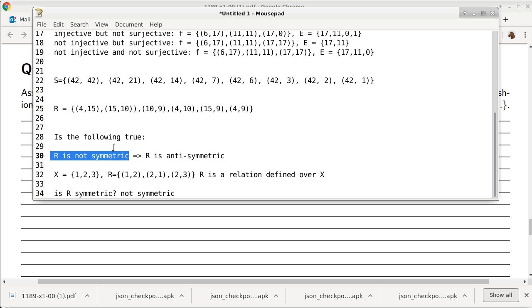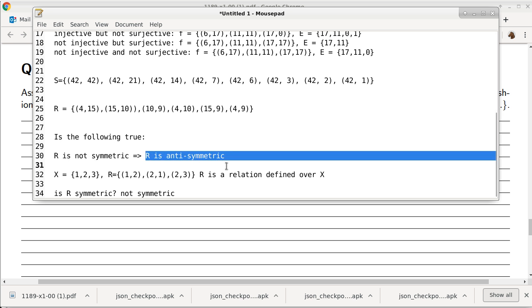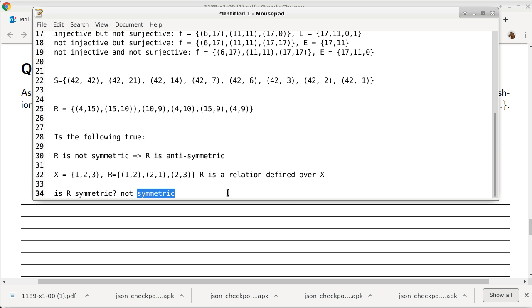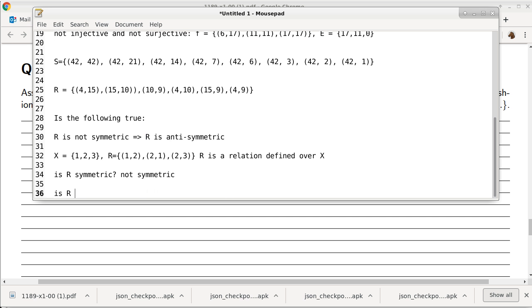So if the left-hand side of the implication is true, we better make sure the right-hand side is also true. Okay? So now we ask the question, is R anti-symmetric? And the answer is, it is not anti-symmetric. Why is it not anti-symmetric?